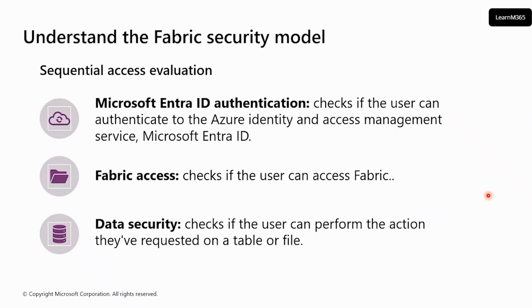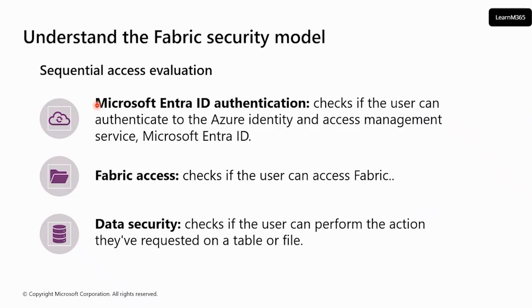It can control permissions at different layers, which means you can adhere to the principle of least privilege. You can restrict a user's permissions to only what is needed to perform the job task. This is basically how the Fabric security model works.